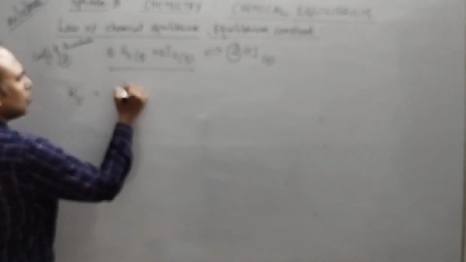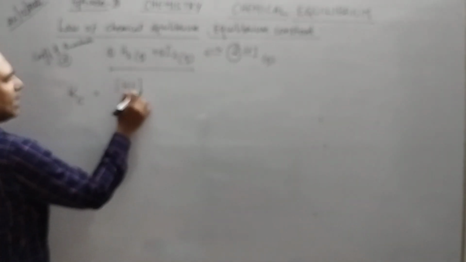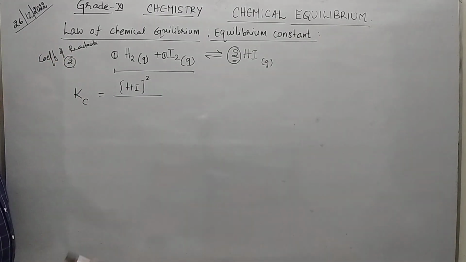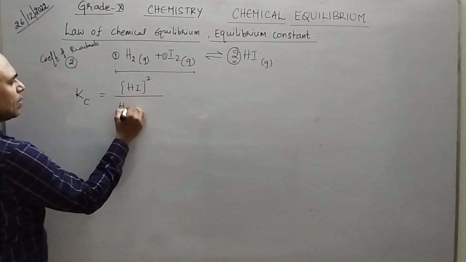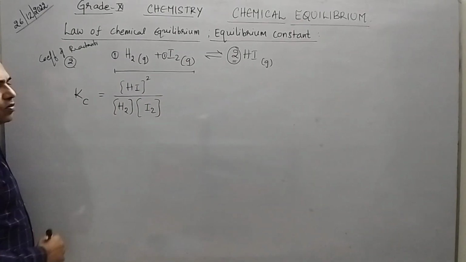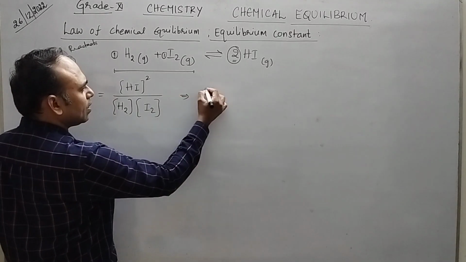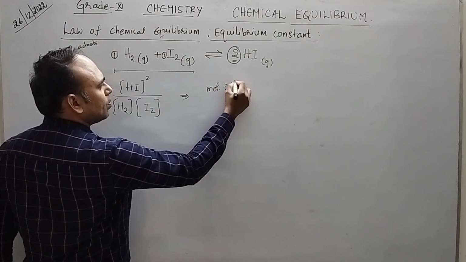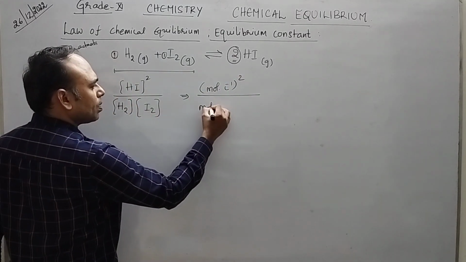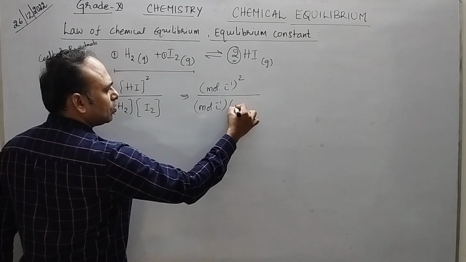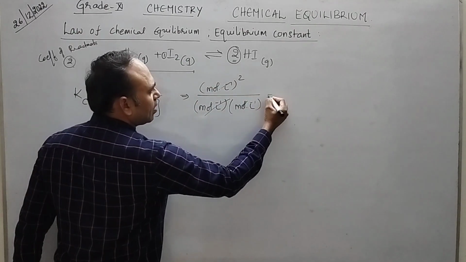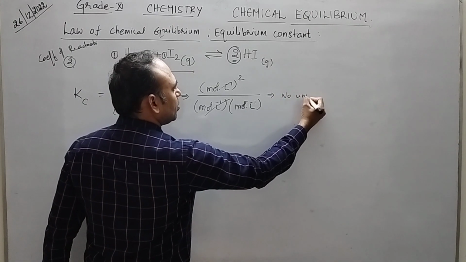Kc is equal to concentration of product, that is HI square, because of coefficient 2 I wrote to the power 2, divided by concentration of H2 into concentration of I2. Now what will be your unit here? This is nothing but mole per liter square divided by mole per liter into mole per liter. So everything gets cancelled out and we can say that there is no unit for this.